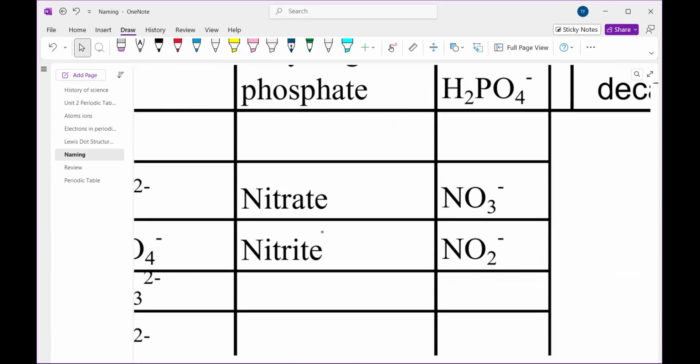So I'm looking at nitrate and it says -3. No, it's the whole thing. Okay, so the question is, he sees the 3 up there, but the 3 is not a superscript, it's a subscript.